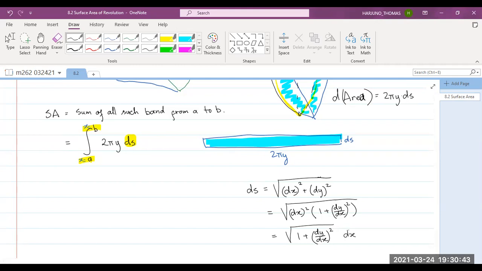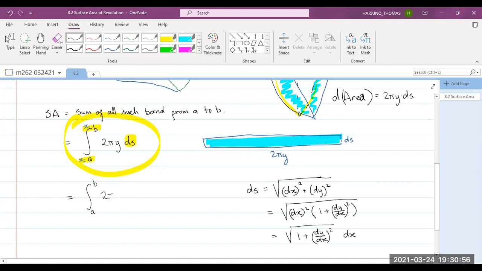Now again, I said earlier that this notation is not appropriate. I need to fix it, but the fix we need is just substitution. The integral from A to B of 2 pi, y is a function of x, and then the square root of 1 plus y prime squared dx.